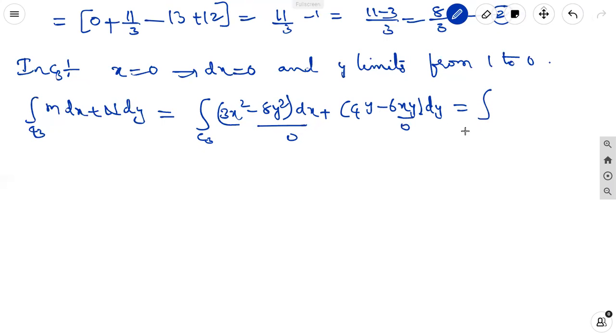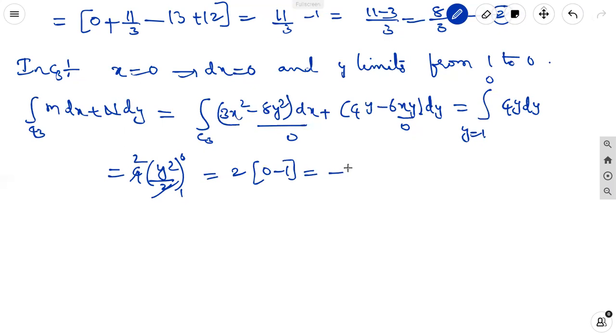So the integral with y limits from 1 to 0 of 4y dy. It is equal to 4 into y, integration is y square by 2, limits from 1 to 0, 2 ones are 2, twos are 2 into 0 minus 1. It is equal to minus 2.